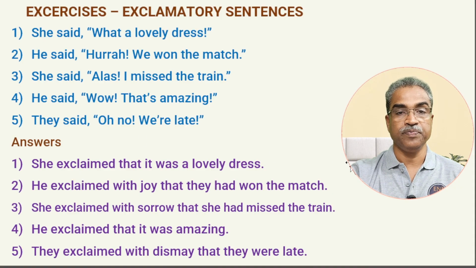How did it go? So today we learned how to change exclamatory sentences into reported speech or indirect speech. All the rules apply, like for example, the tense changes into its corresponding past tense if the reporting verb is in the past tense. And now we also saw that the exclamatory structure is changed to a statement form.